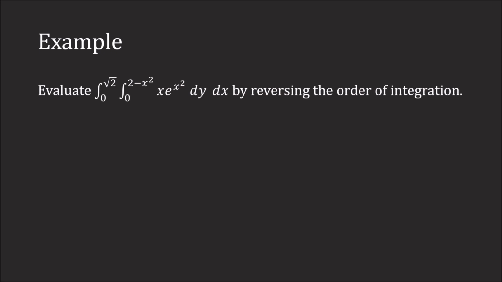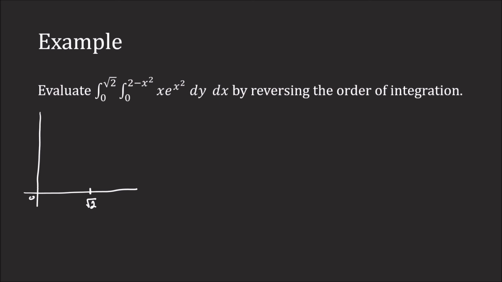Alright, so let's look at this integral by reversing the order of integration. So the first thing to do here is let's actually sketch the region that we're integrating. So we're going to go from 0 to root 2 for x. So 0, let's say this here is the square root of 2.